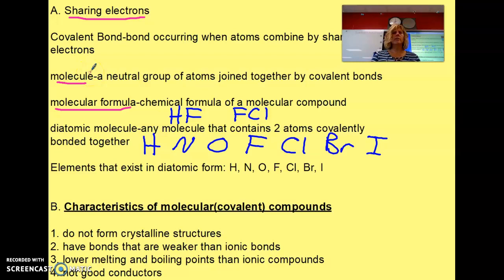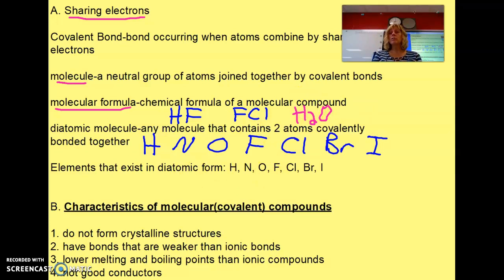Molecule, obviously atoms bonded together. Molecular formula, that's what we looked at, this HF, H2O, right? That's the molecular formula. We said it tells us what elements are in there and how many of each type of atom, so that's what a molecular formula is.